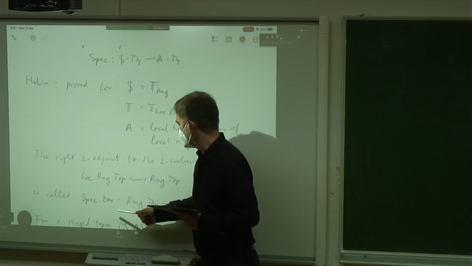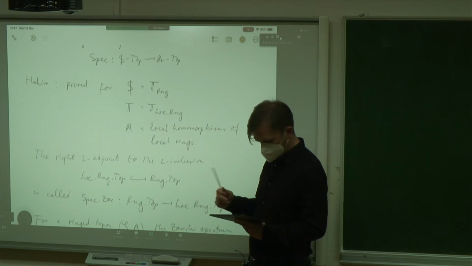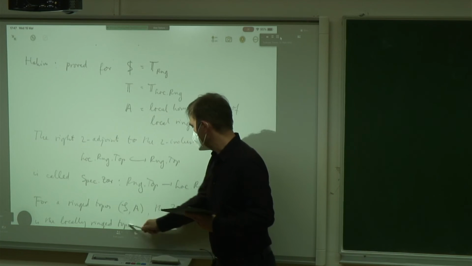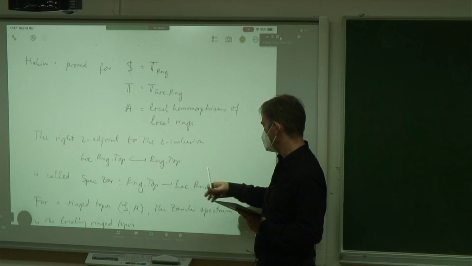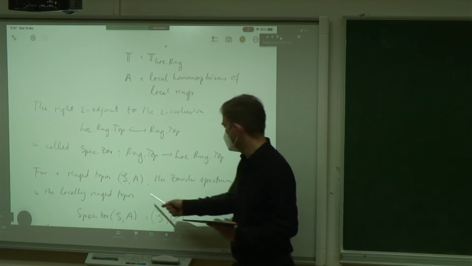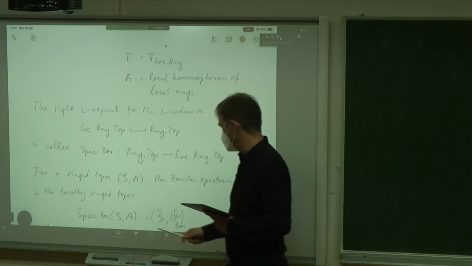So the Zariski spectrum is a functor that takes a ringed topos, S A, and produces a locally ringed topos called Spec_ZAR of S A.